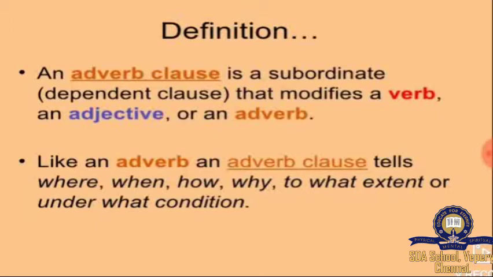Here we see that an adverb clause is here to modify and give more meaning or explanation for the given sentence. An adverb clause also gives us information about where, when, how, why, to what extent, or under what condition. So these are the questions to which an adverb clause answers.